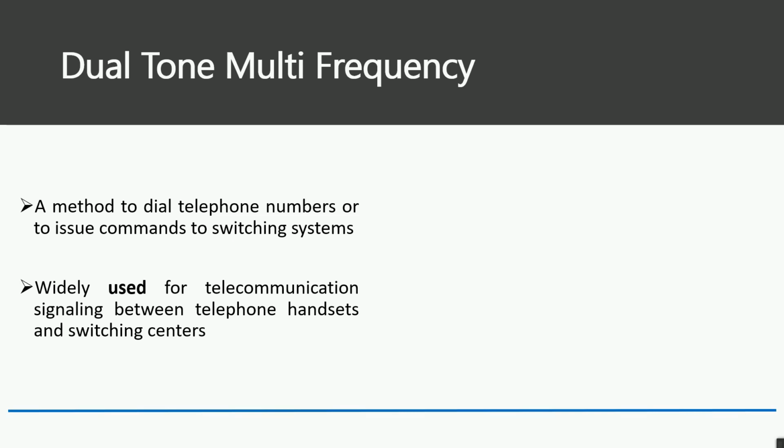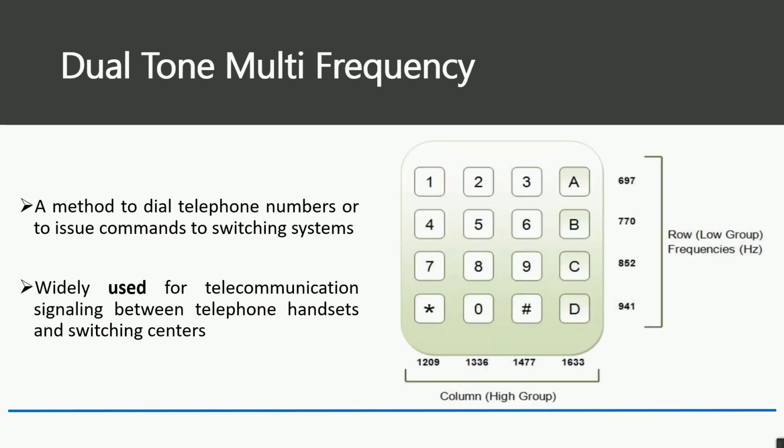So let us see an image of how it works. For example, if you press 1 on your smartphone, two kinds of tones will be created: one from a low group and one from a high group.